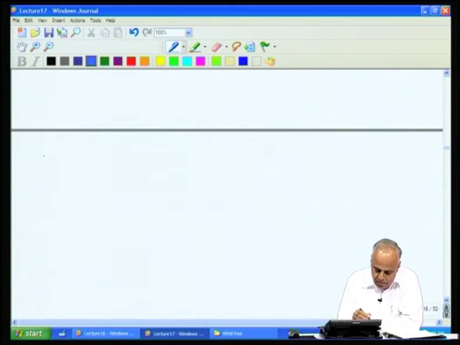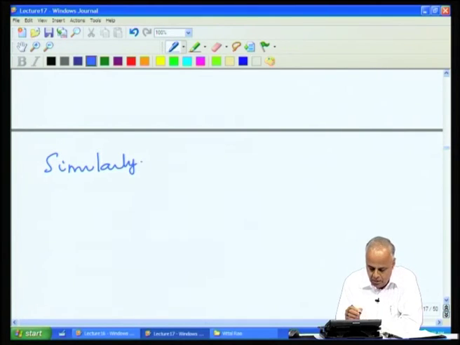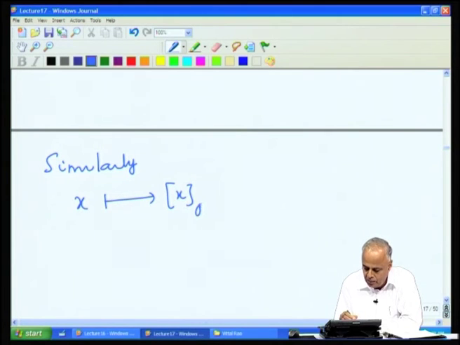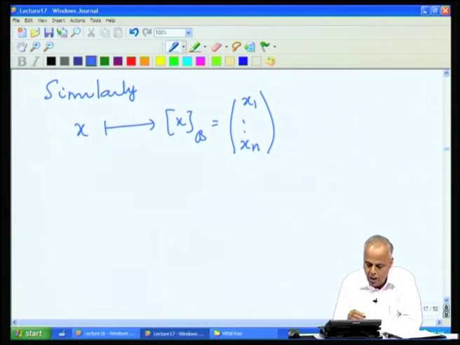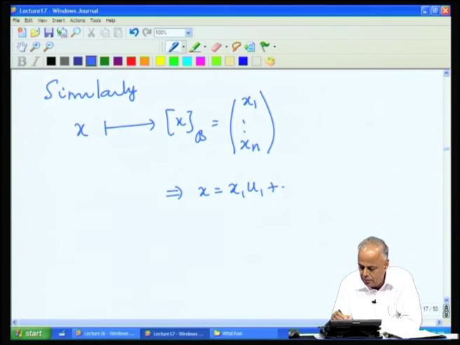Similarly, if you identify x with xb, which is x1, x2, ..., xn, then that means x is x1 u1 plus ... plus xn un.